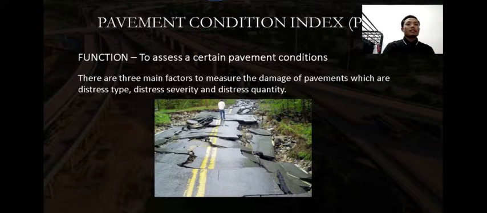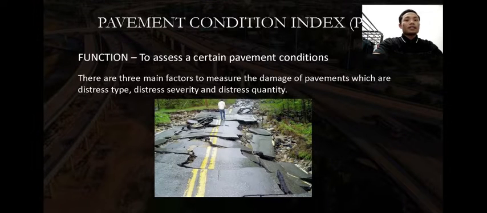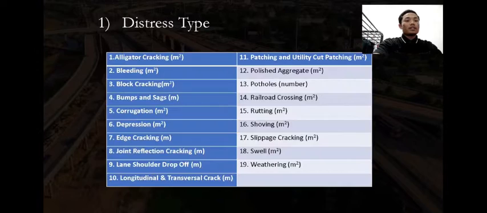Next, the pavement condition index, PCI, functions to ascertain pavement condition. There are three main factors to measure the damage of pavement, which are distress type, distress severity, and distress quantity.